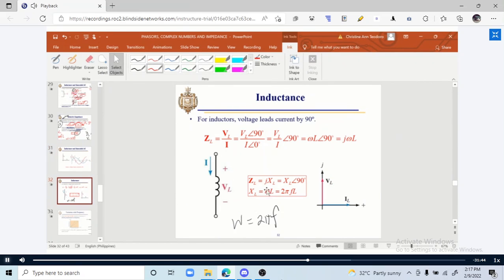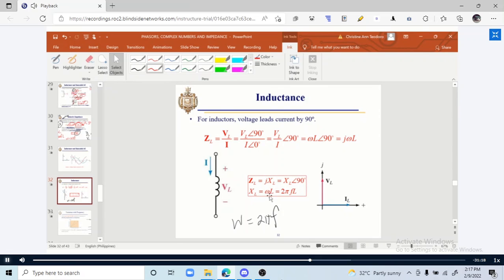So, again, we always remember that for inductors, voltage leads current by 90. So our ZL can be equal to omega L angle 90 degrees, which is in polar form, and it is also equal to j omega L in rectangular form.